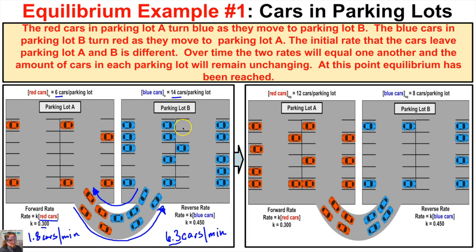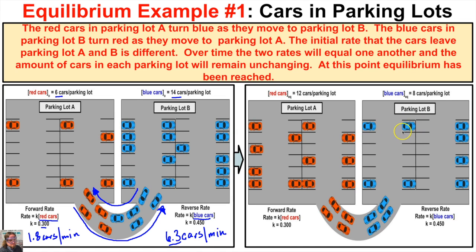And because if we take a look at parking lot B here, the concentration is going to decrease as cars leave parking lot B and enter parking lot A, the rate is going to decrease over here. And this is going to happen back and forth until these parking lots reach what is called equilibrium. And that's what we're going to have over here.